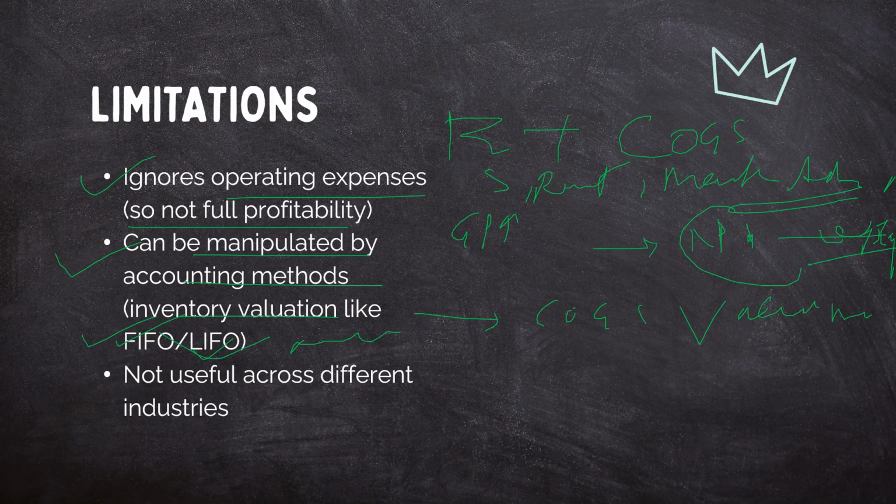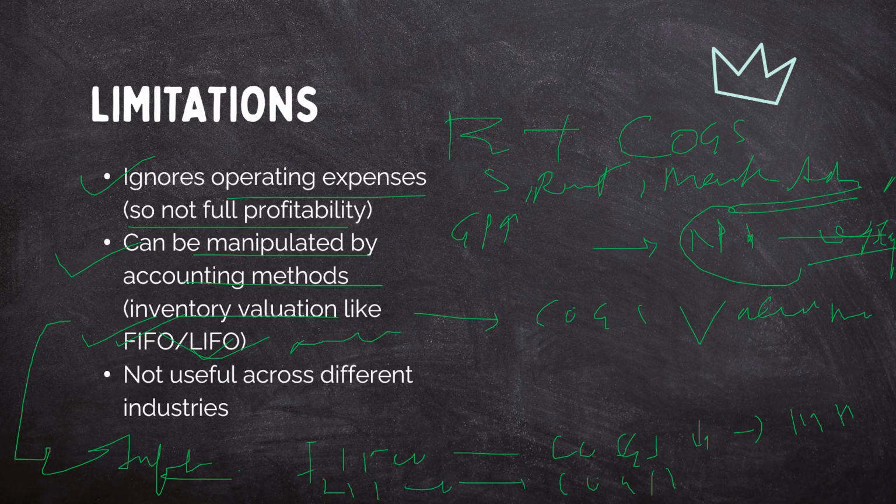In times of rising prices, like in a situation of inflation, under FIFO your COGS are low, so your margin would be high. But under LIFO, your COGS are high and your margin would be low.